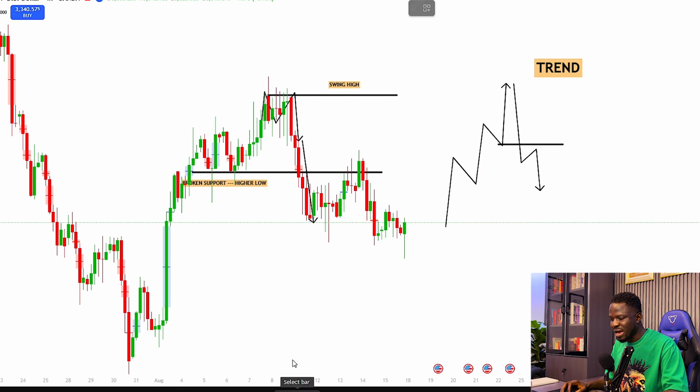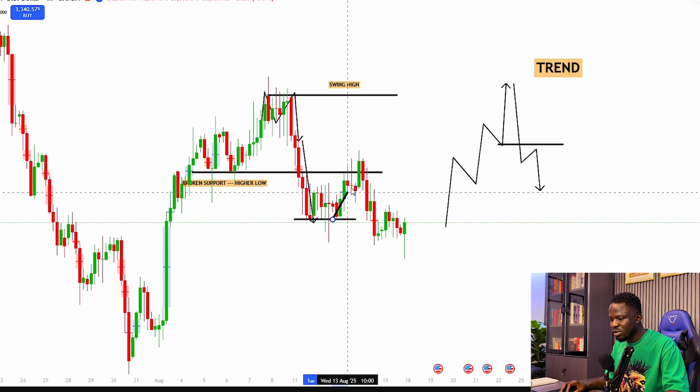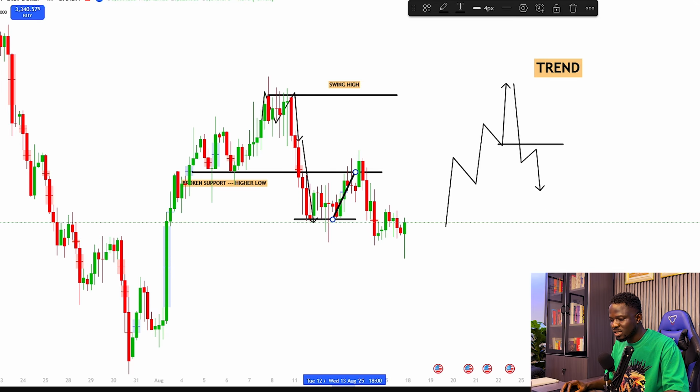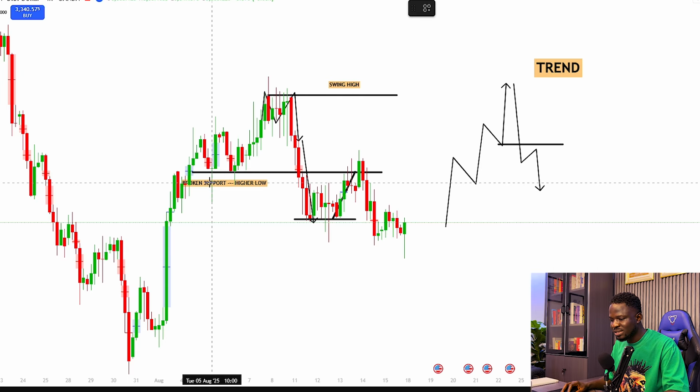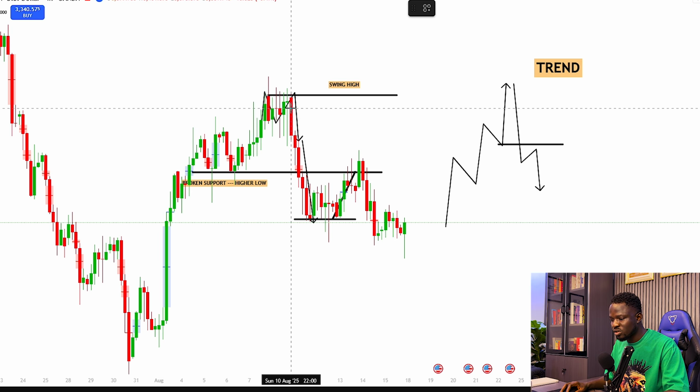Now the buyers created a new support zone here, and they bought from here to the upper side to retest the last swing broken support, which was the last higher low here during the bullish market condition.